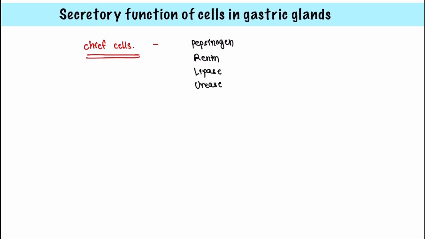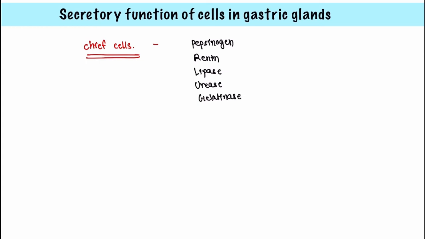Now let's talk about secretory function of cells in gastric gland. First is chief cells. Chief cells secrete pepsinogen, renin, lipase, urease, and gelatinase.